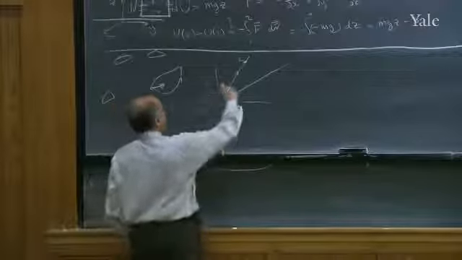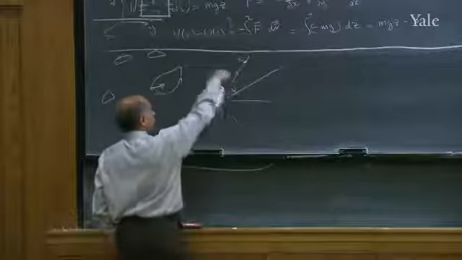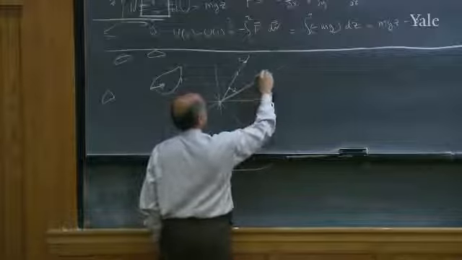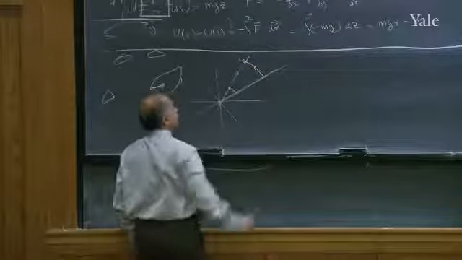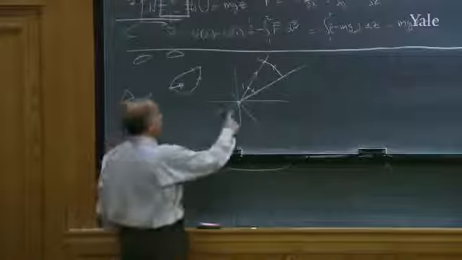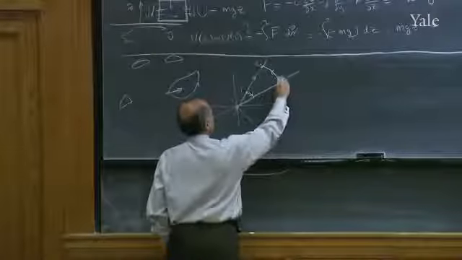So I'm going to take another path where I go tangent to the lines, along a circle. Then I go here till I get to that radius, then I turn around and do that. I claim the integral will be the same on this path, this one, and that one.